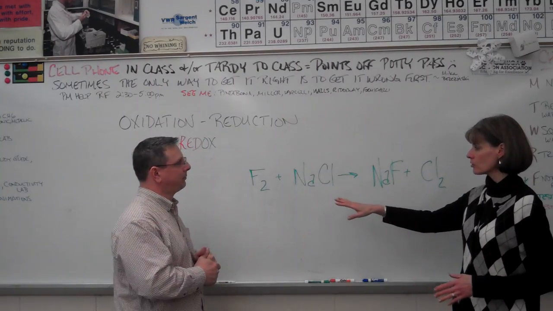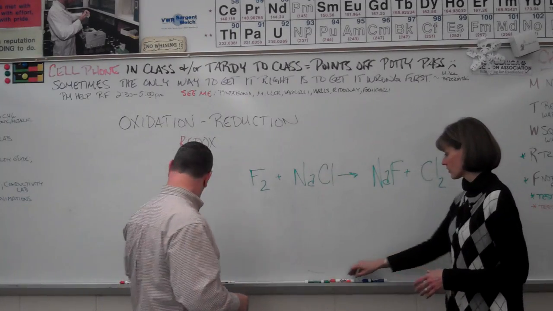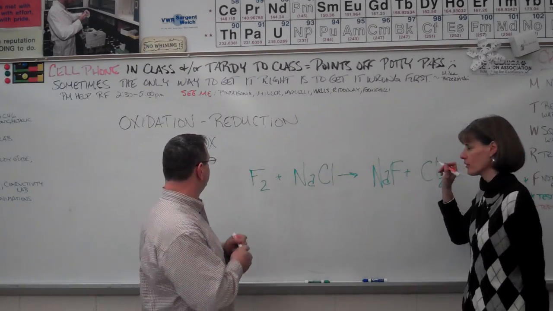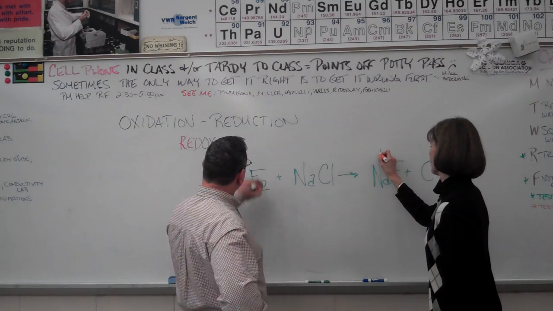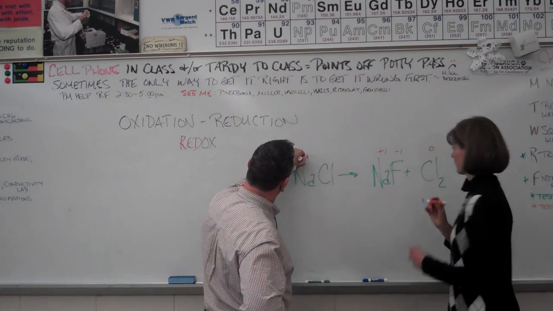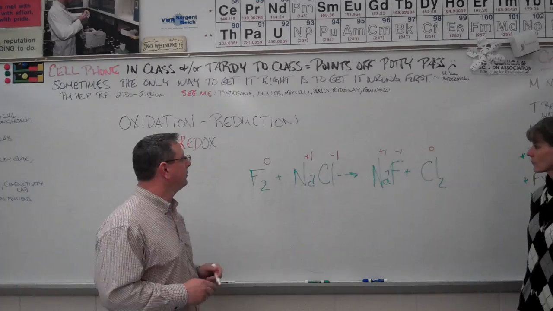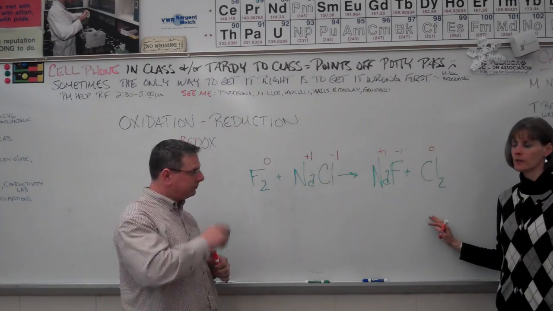Well, first we need to figure out what the oxidation numbers are. Why don't you do that side and I'll do this side, and then we'll meet in the middle and see if we think we're right. Rule 1. And we came up with something pretty similar.